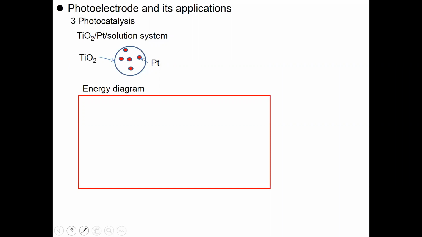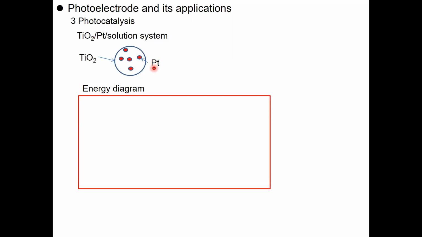And also, in many cases, noble metal co-catalysts like platinum, gold, and rhodium are frequently used for enhancing the photocatalytic ability.